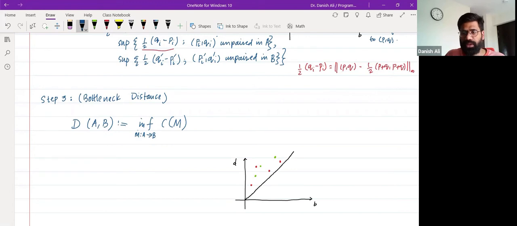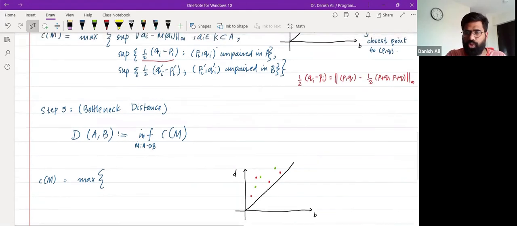For example, in our example, first I will compute C of the given partial match which I took. This is equal to the maximum of three sups.